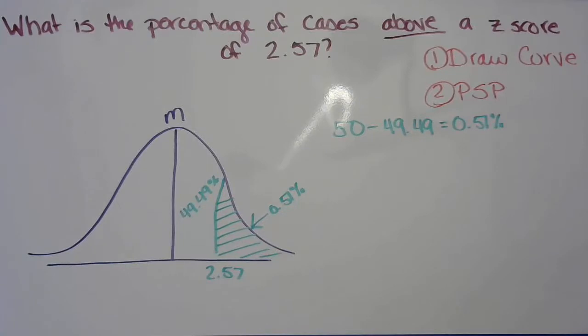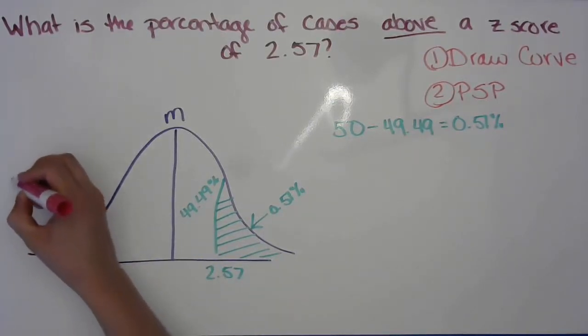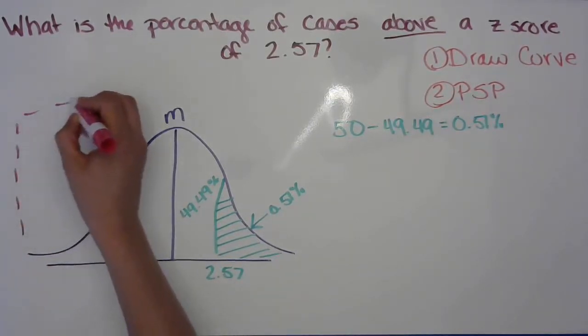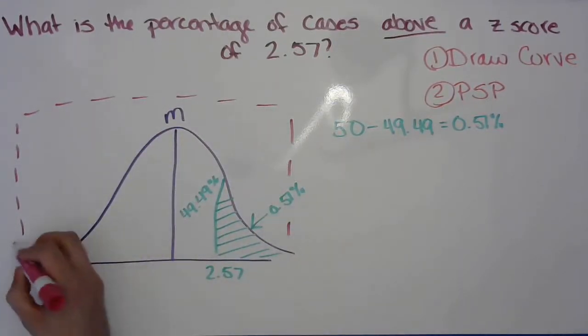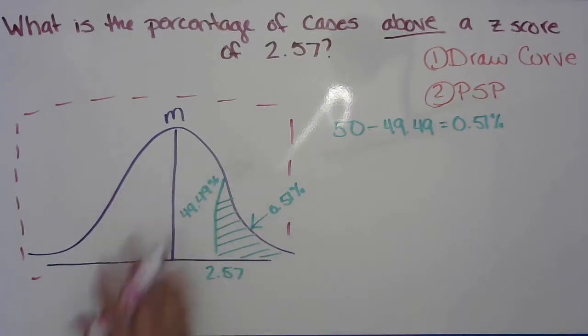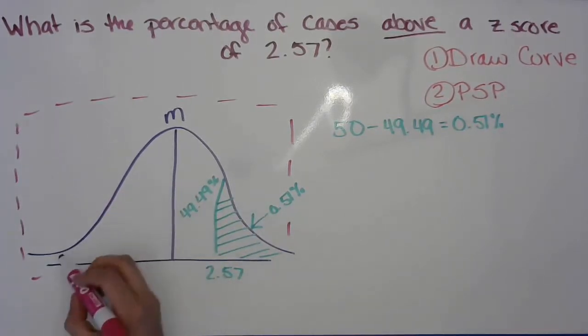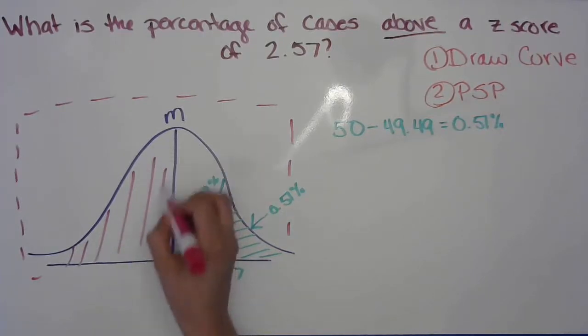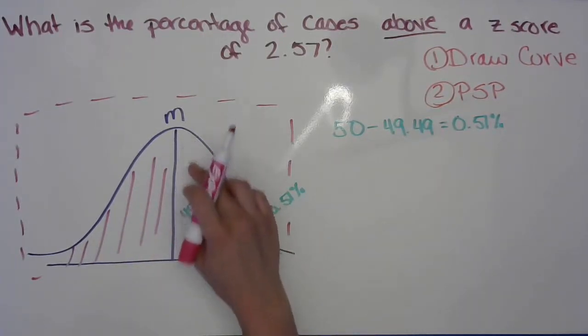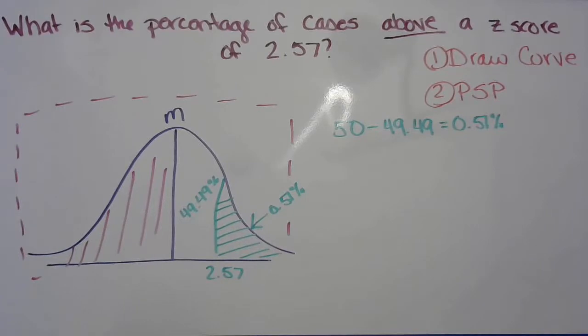So you may be asking, where did you get 50 from? Well, I will tell you. When you're looking at the whole curve, this is a little imaginary box that goes around the entire curve. So when you're looking at the entire thing, this constitutes 100% of a curve. All of this here is 50%, and then everything over here is 50% as well.